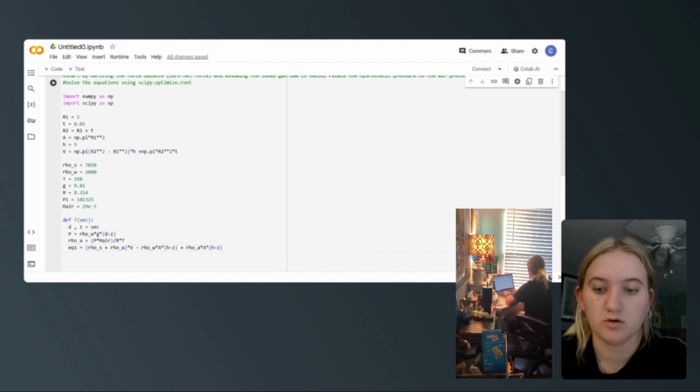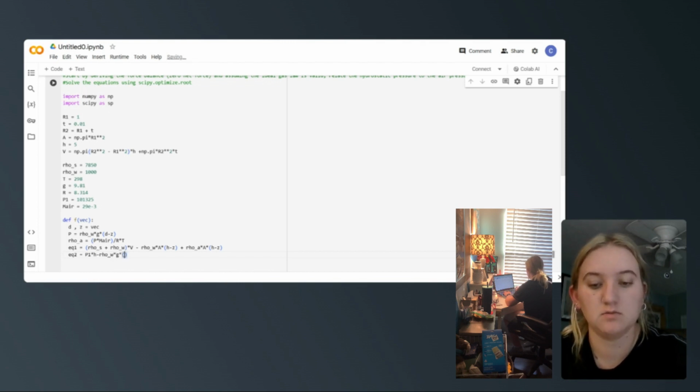That's going to be our equation 1, and then equation 2, we're going to have pi times P1, sorry, P1 times h minus rho density of water times gravity times d minus z times h minus z.